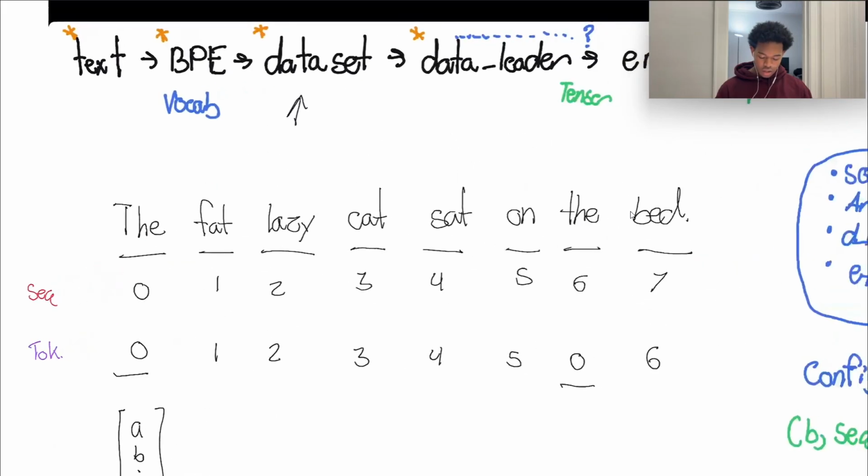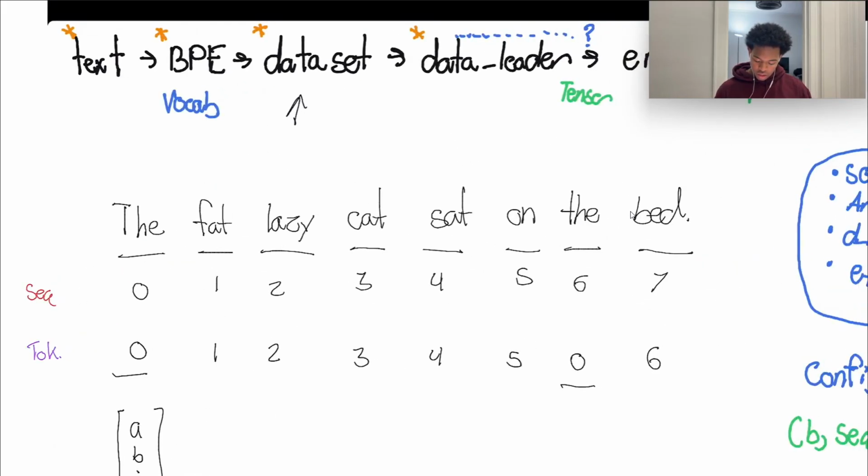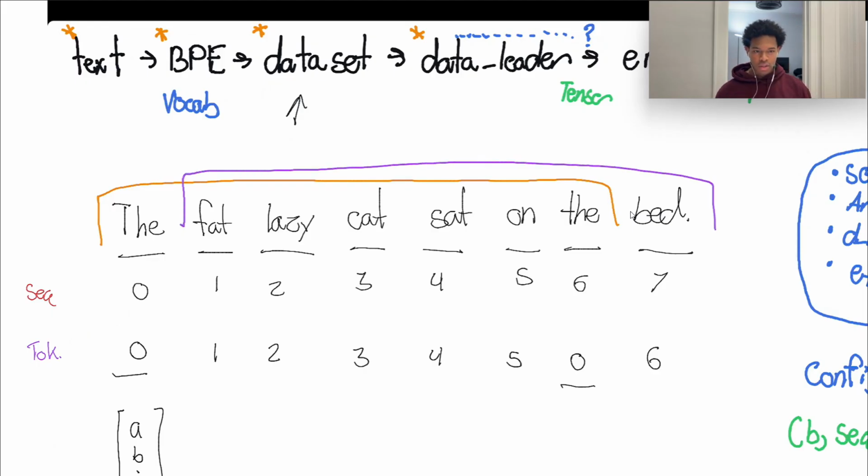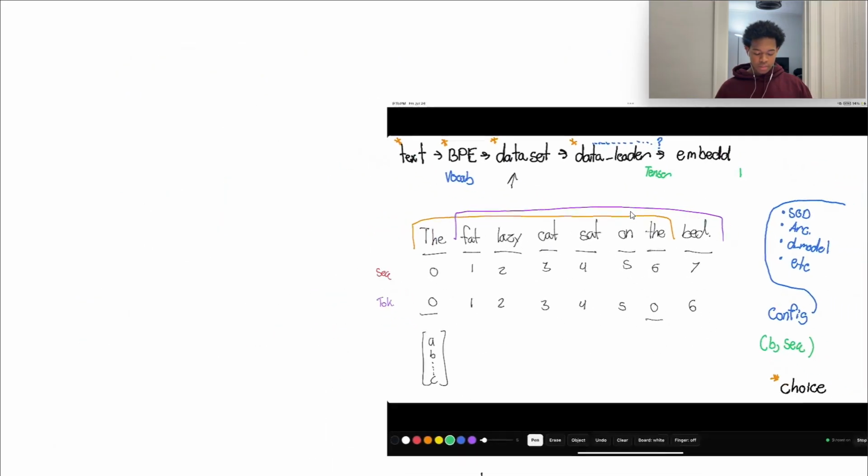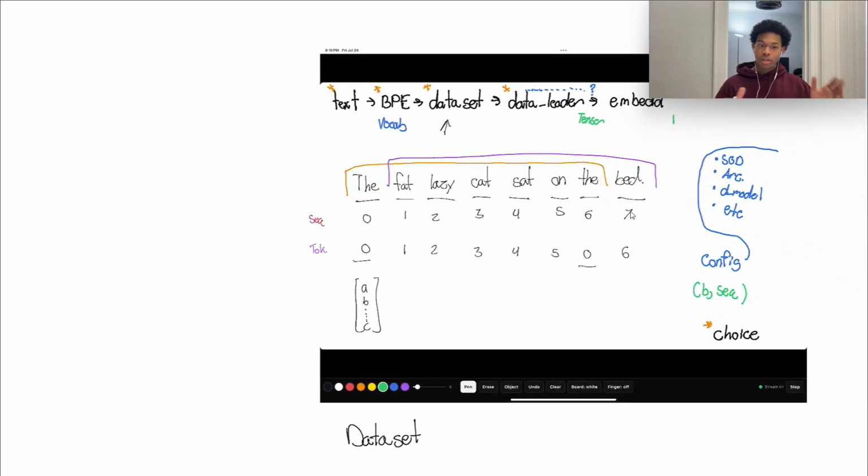And how that's going to look is, as we did last time, these are our inputs and these are our outputs. So the fat lazy cat sat on the, and then fat lazy cat sat on the bed. Importantly, our inputs and outputs are the same size because they're literally perfectly going to map.